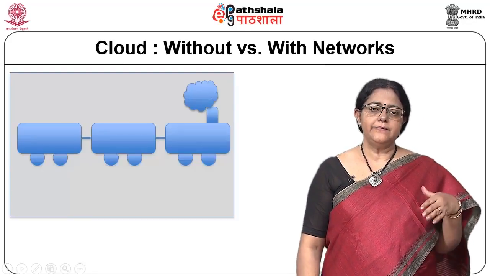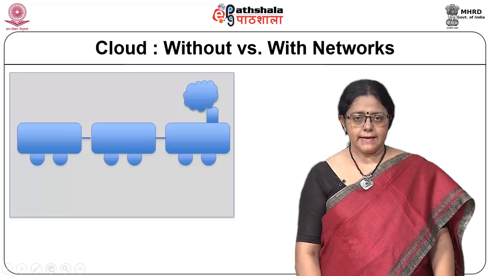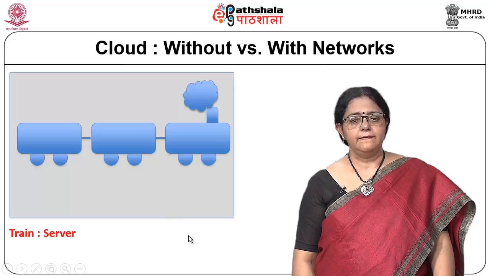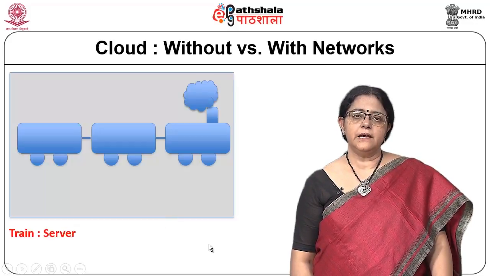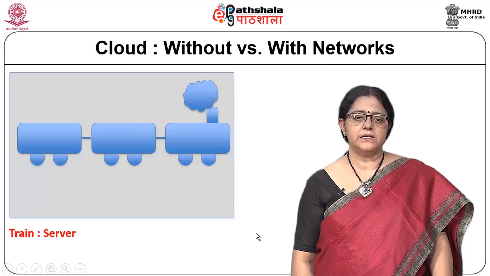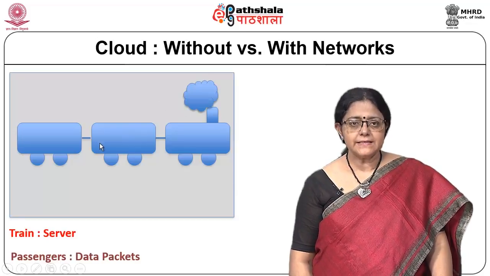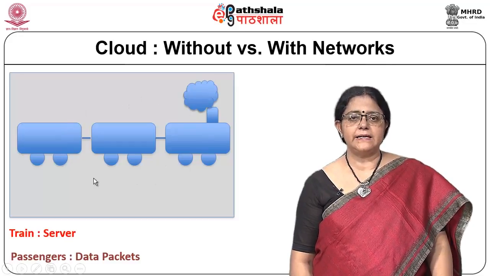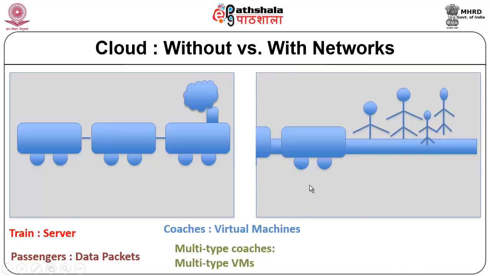It is like this: if I have a railway train and it is not connected to a platform, then it is blocked. If the train is considered to be a server, then the passengers are the data packets, but they are completely blocked inside this railway. Now, when the train comes to a platform, some packets come in, some people go out, just like in networking, then it becomes useful.